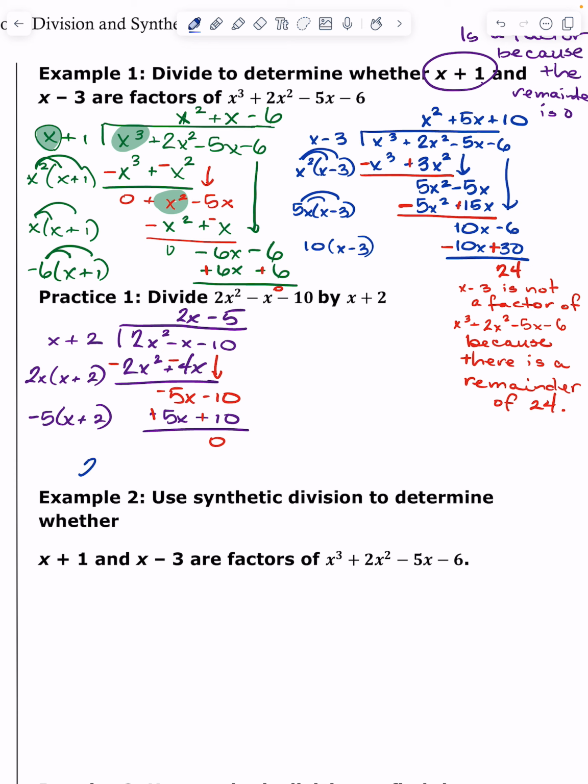This means that 2x squared minus x minus 10 can be written as x plus 2 times the quotient we got up here, 2x minus 5. There is no remainder. If I had a remainder, it would be plus 0. So make sure that you are writing this in the format that the homework is asking for.